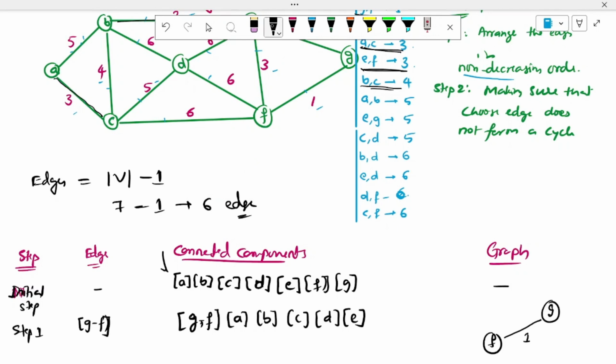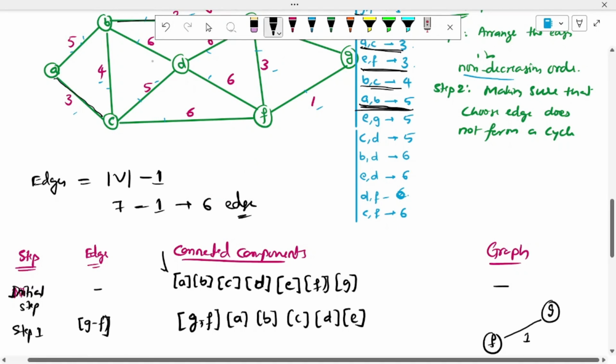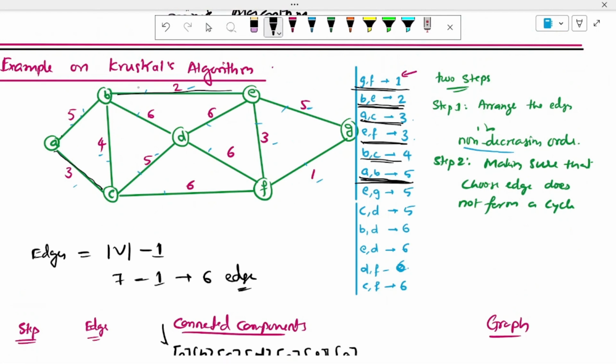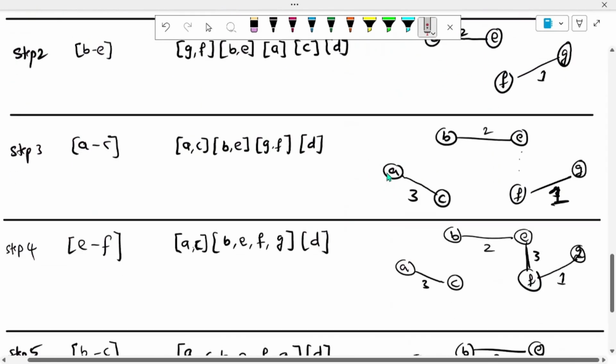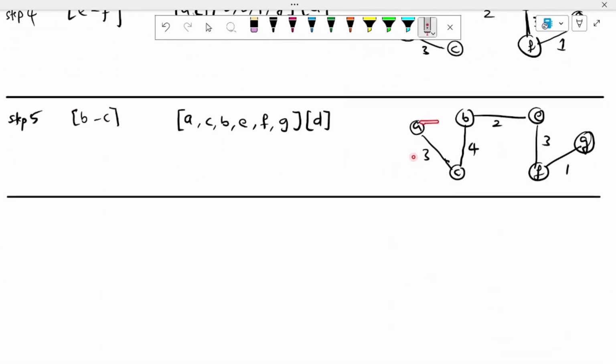The next one is A and B. AB, this particular edge, right? I will go and check whether it is forming a cycle or what. If I add AB, it will form a cycle.